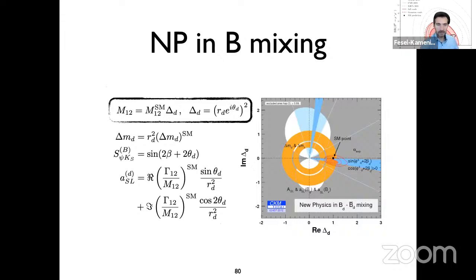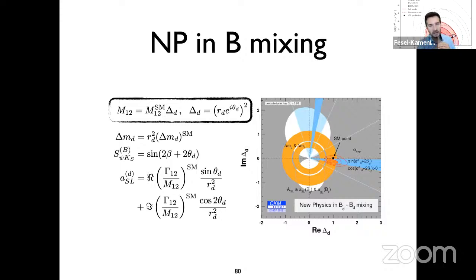So let's see an example of such an exercise. Before delving into the technical details of how one computes contributions of both standard model and new physics to flavor observables, let's start by just parametrizing possible deviations of observables in the presence of potential new physics.